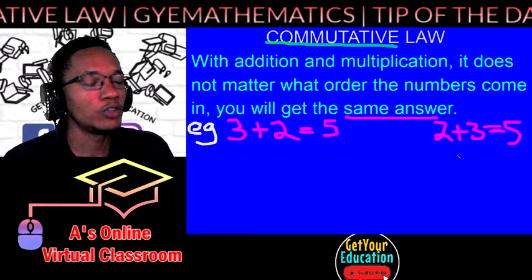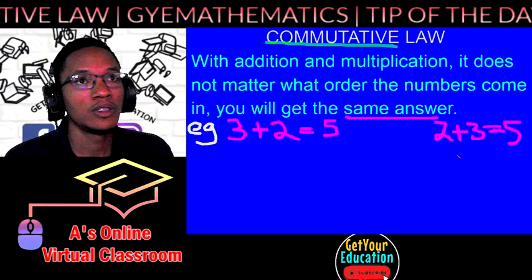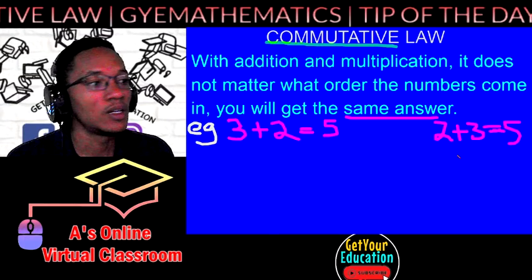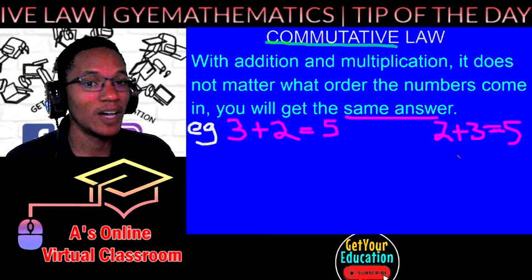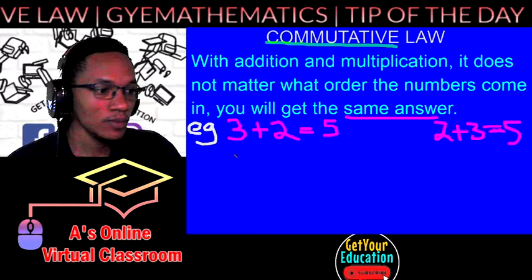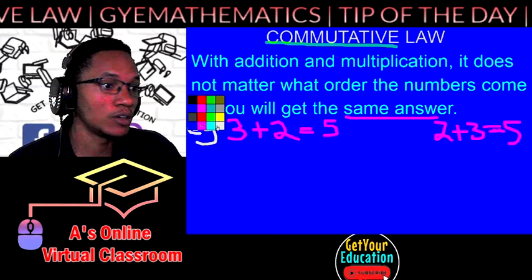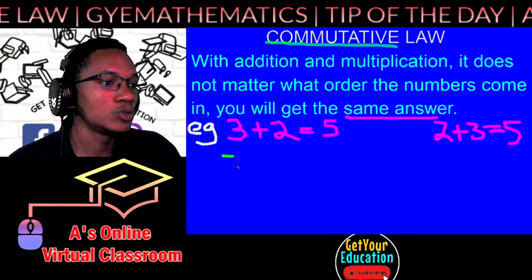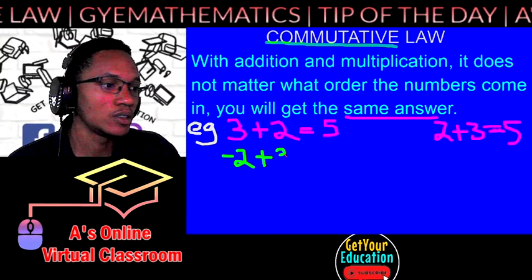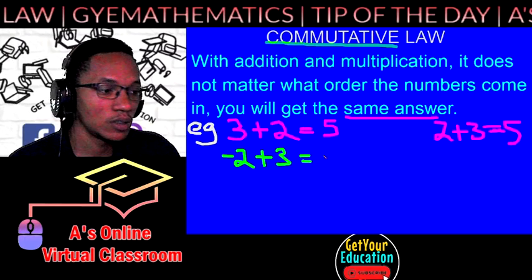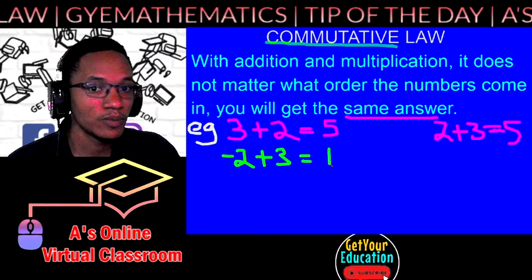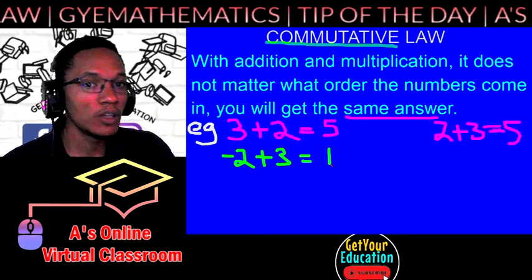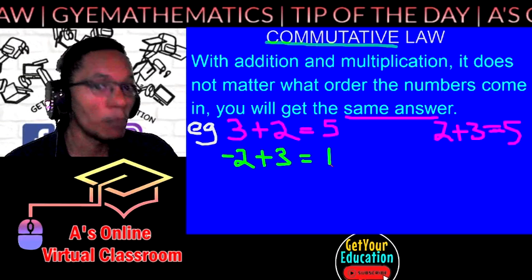So for those of us preparing for secondary school mathematics, we're working with positive and negative numbers. So for example, if we have something like negative 2 plus 3, you get positive 1 as our answer. But when we're changing around the numbers, we're not changing the number.